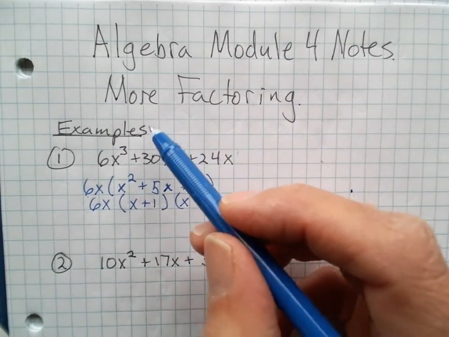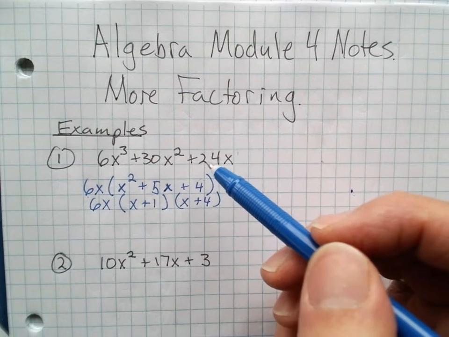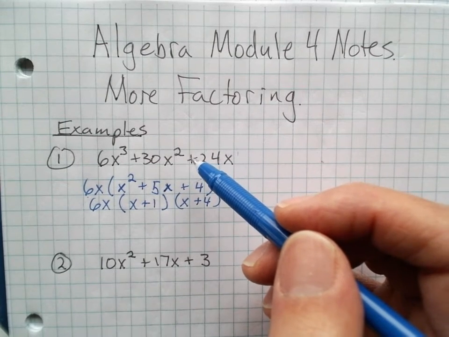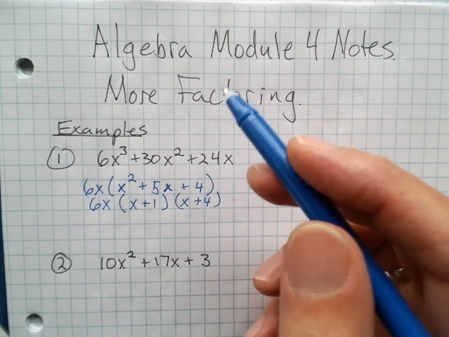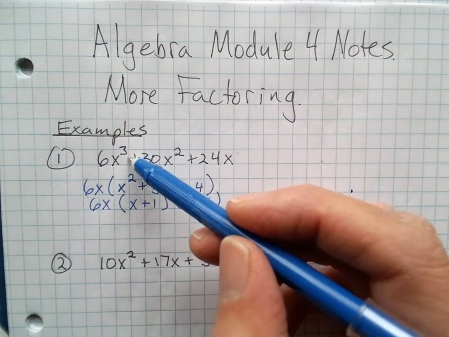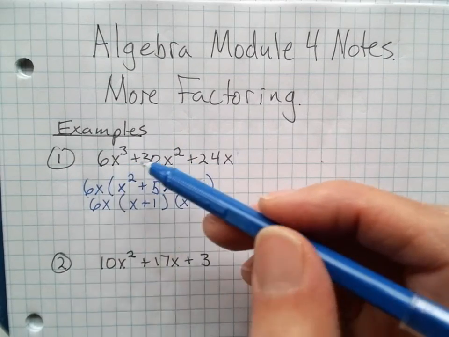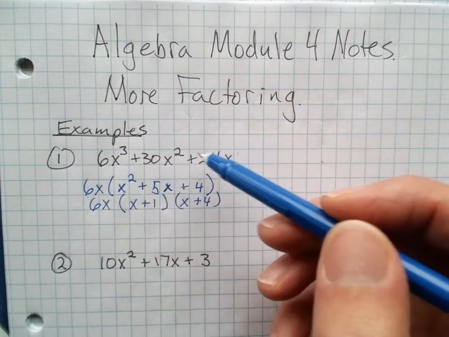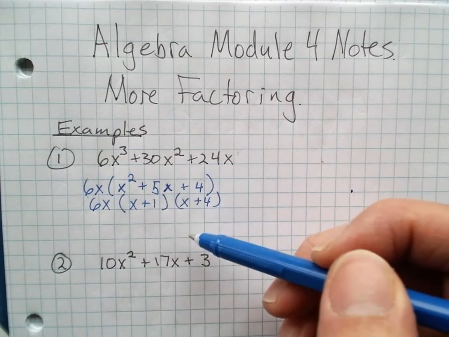First step, always look at the coefficients. Can I simplify something out there? And you're only doing whole numbers. Don't do fractions. Don't break it down to decimals, another form of a fraction. Don't take parts of numbers. Just stick with whole numbers, integers, right? So we were able to take the 6 out, and then we had something easier to break down.